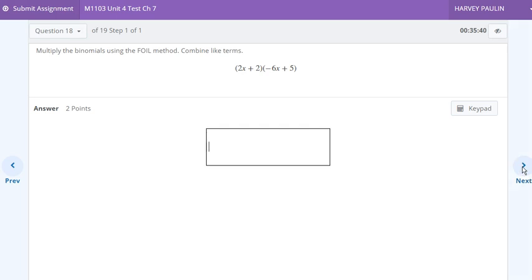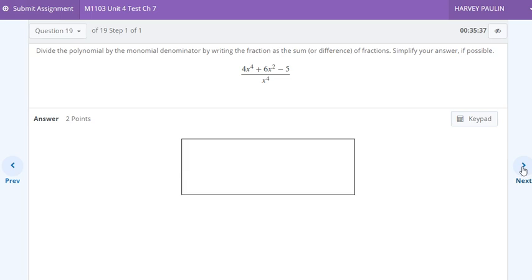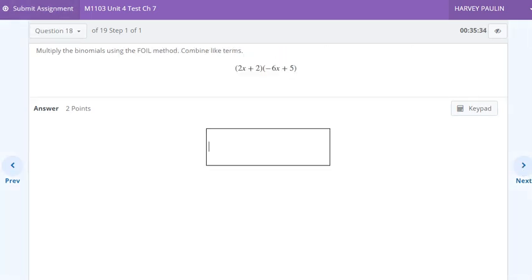Here they're asking us to FOIL. And I went the wrong way. Let's do this. So our first will be a negative 12x squared. Our outers will be a positive 10x.